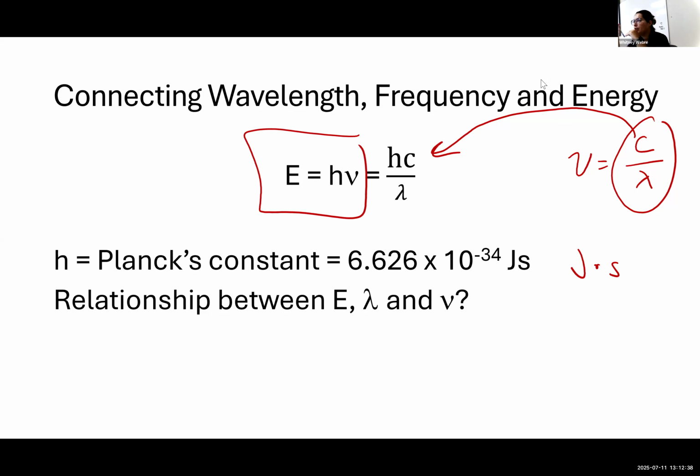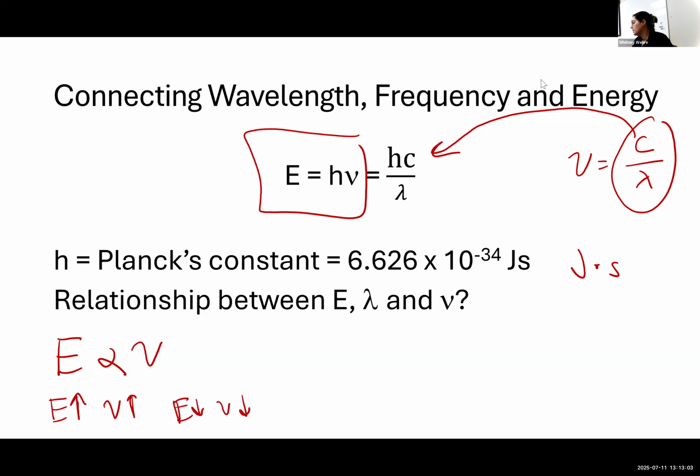Because frequency is in the numerator and energy is in the numerator, they are proportional. I always forget to say that word weird. So as energy goes up, frequency goes up, which makes sense. More frequency, more energy. Less frequency, less energy. Kind of going back to atom collisions. More collisions, more energy. So if energy goes down, frequency goes down.